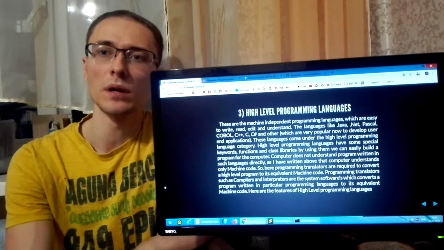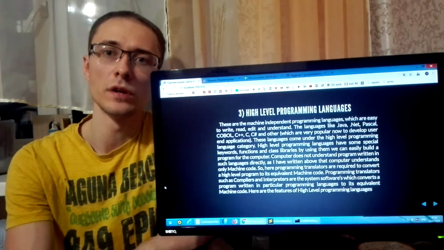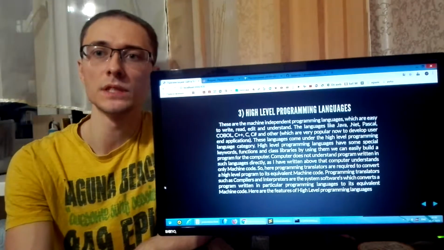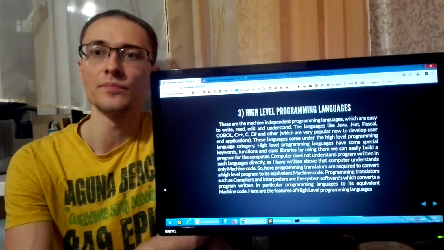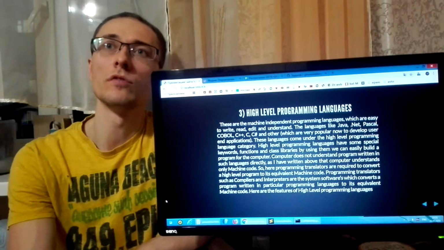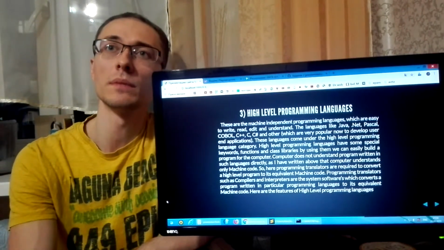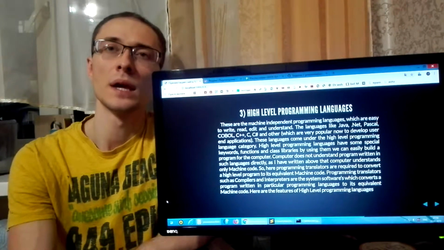High-level programming languages have keywords, features, classes, and libraries which are similar to English words. We can easily understand the meaning of a particular term related to the programming language.